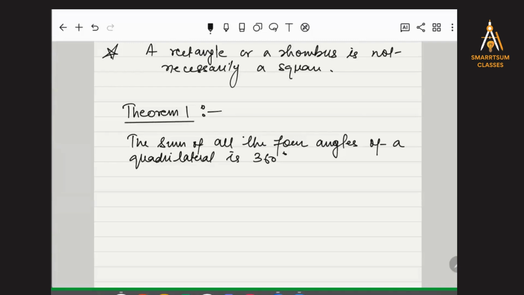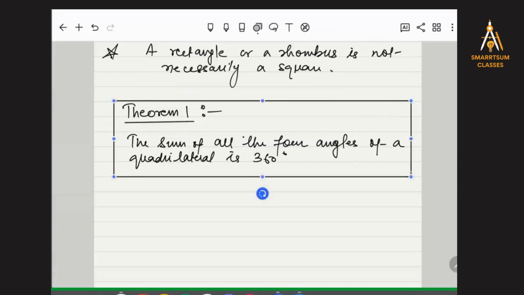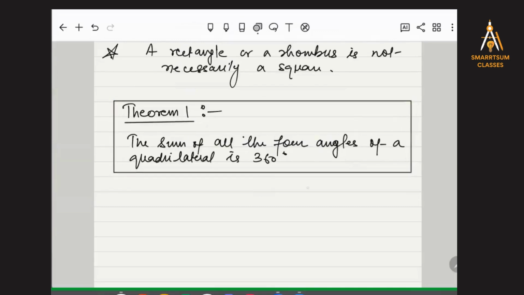Sum of all the four angles of a quadrilateral is 360 degrees, right? As in a triangle the sum of all the angles is 180 degrees, for a quadrilateral the sum of all the four angles is 360 degrees. Is that clear? Please note down. Everybody please note down.